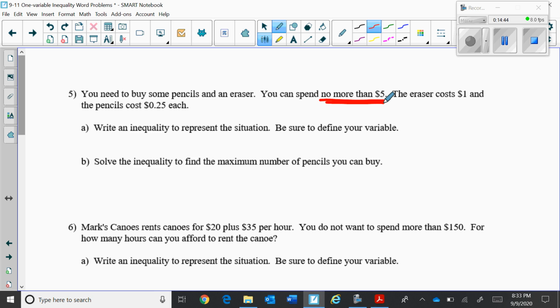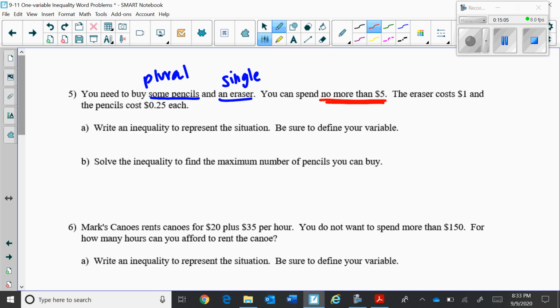All right, so we've got to be a little bit more careful with this language. It says buy some pencils. So pencils is plural, so we're buying multiple pencils, but then it says an eraser. So that is a single eraser. That'll help with setting up this inequality.